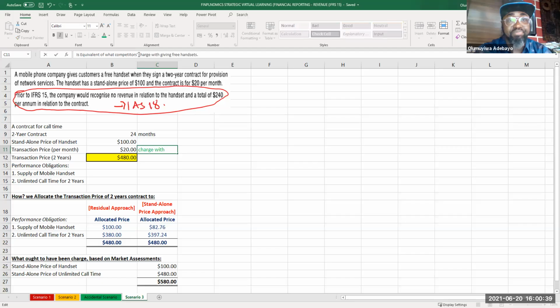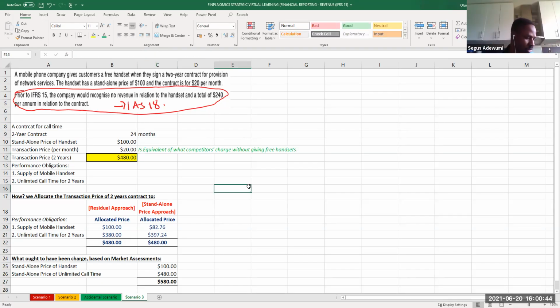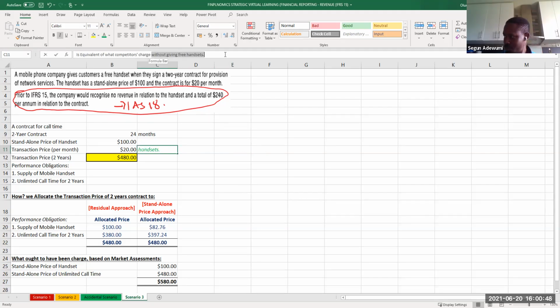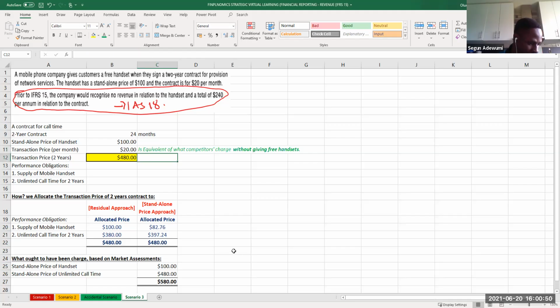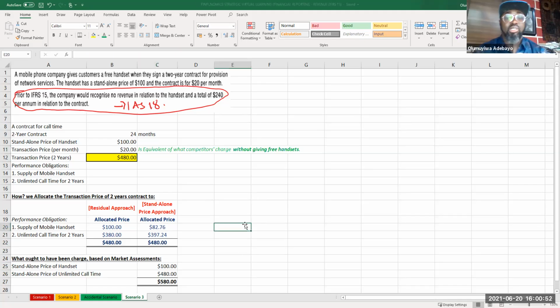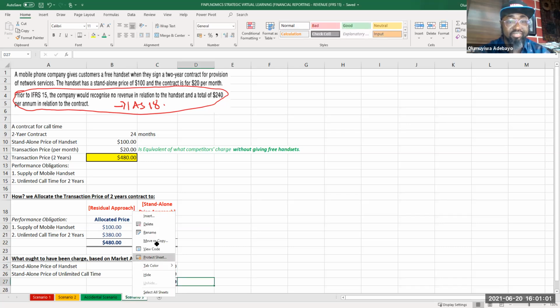Is without, yeah. Okay, we'll come back to scenario 3 to recognize revenue once we get to step 5. Any other one before we move forward?